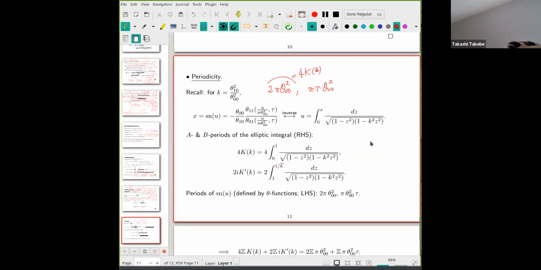Well, we have already proved that the A periods and B periods of this elliptic integral are equal to 4K and 2i times K prime.